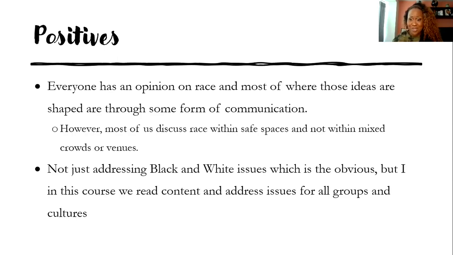There are positives, though. Everyone has an opinion on race, and most of where those ideas are formed and shaped is through some form of communication, right? So I've always talked to my students about the fact that everyone talks about this, but not always in safe, informed academic settings. It's normally within companies of people who think like you do, not necessarily in mixed crowds.